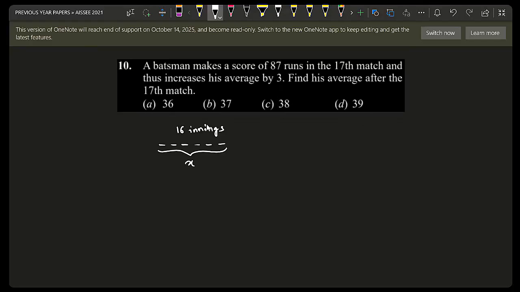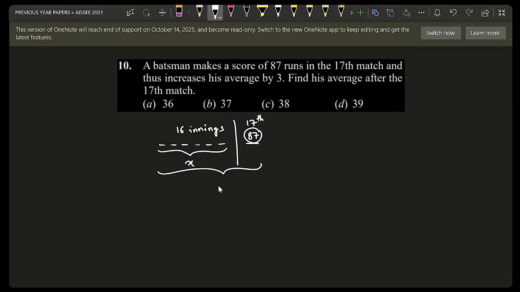In 16 innings, what is the score in every innings? We don't know. But the average of all the 16 innings, let us call X. Now the 17th inning is coming. In the 17th inning, his score is 87. When he scored 87, he increased his average by 3.